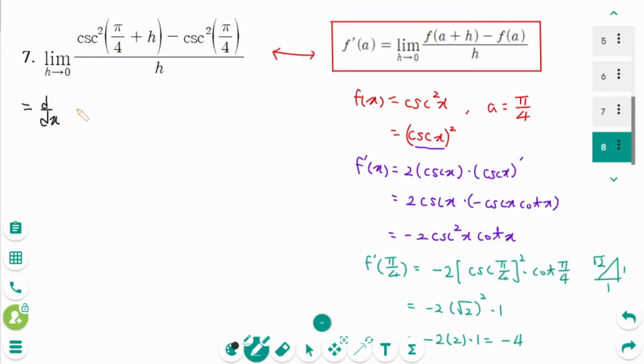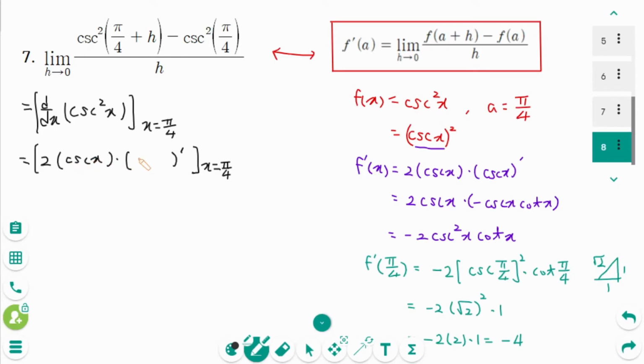Or d/dx of cosecant squared x when x equals pi over 4, then cosecant squared x prime equals 2u times u prime when x equals pi over 4. The inner function is cosecant x, but we already know the answer, so use it.